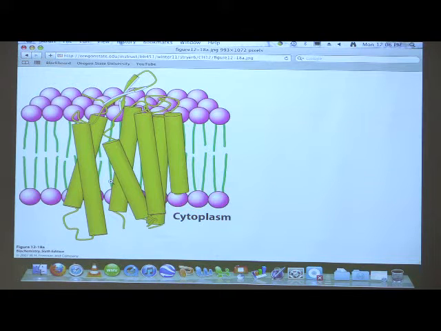This protein has nothing to do with mitochondria in nature. In nature, this protein is found in the membrane of bacteria that respond to light. So there are bacteria that respond to light, that generate energy from light. And the way that they do that, at least some of these bacteria, is by using this protein called Bacterial Rhodopsin.